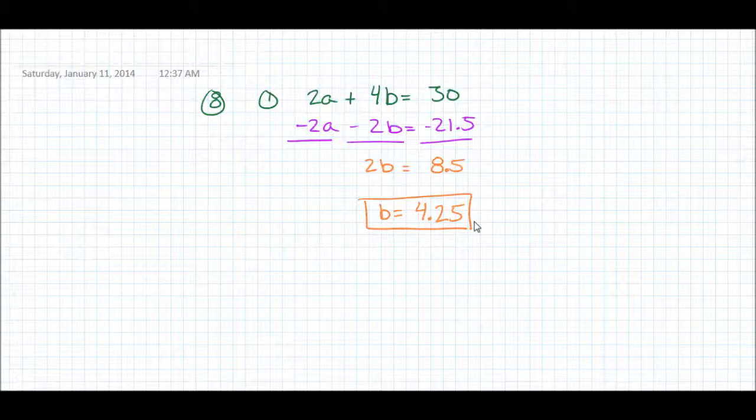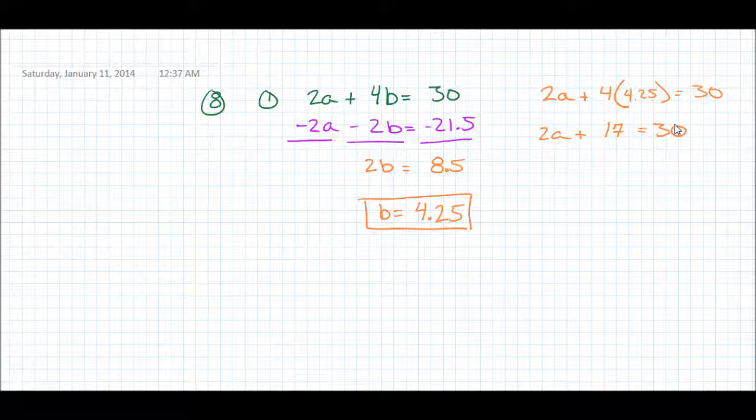Okay, if b is 4.25, we'll take that up to the top one. We'll rewrite that equation. 2a plus 4, instead of using the b value, we'll use 4.25 equals 30. So 2a plus 4 times 4.25 is 17 equals 30.